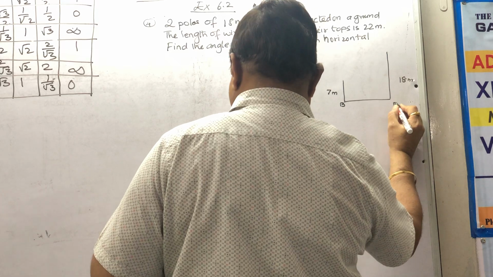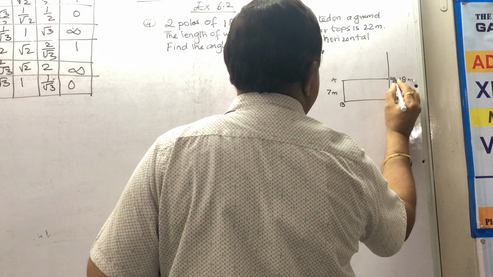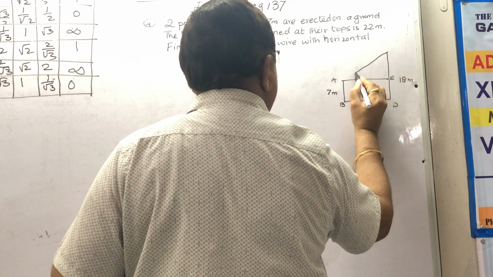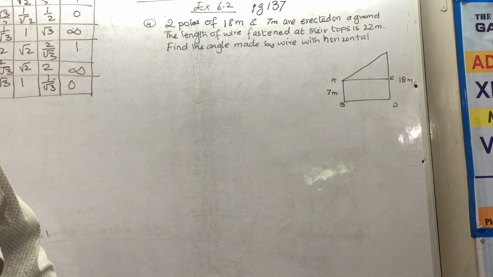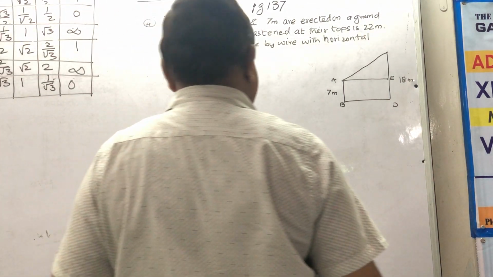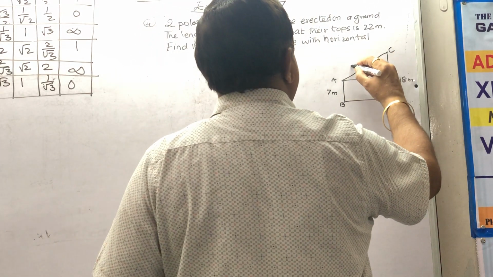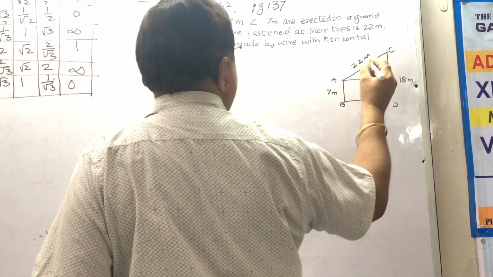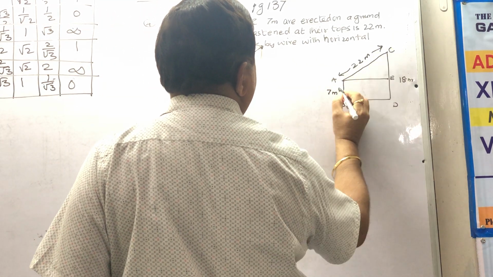B, D, again here A, E, and I am tying a wire from here to here, the top of this building, like a cable going from one building to another building. And this is C. The length of the wire is 22 meters. This is what they have told me. My wire is 22 meters long.